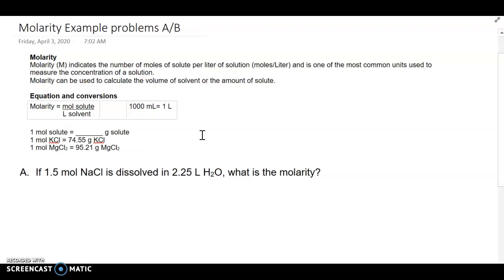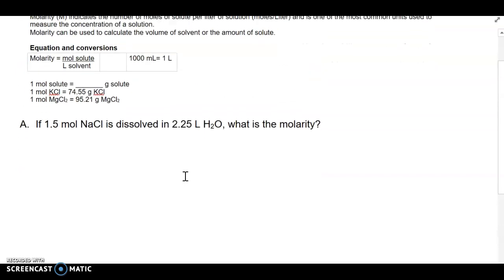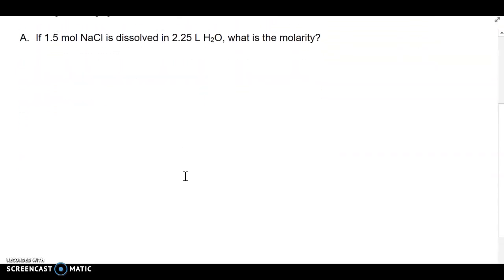So, our first one here is problem A. If we have 1.5 moles of NaCl dissolved in 2.25 liters of water, what is the molarity? So we're looking here at how much is in this liquid.